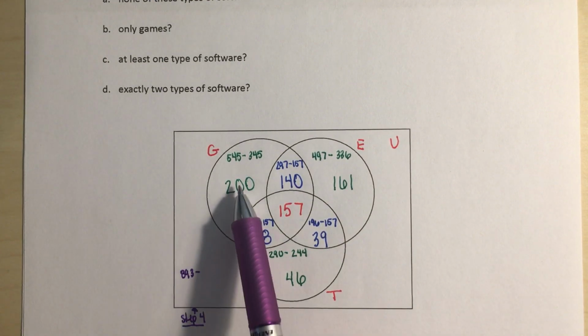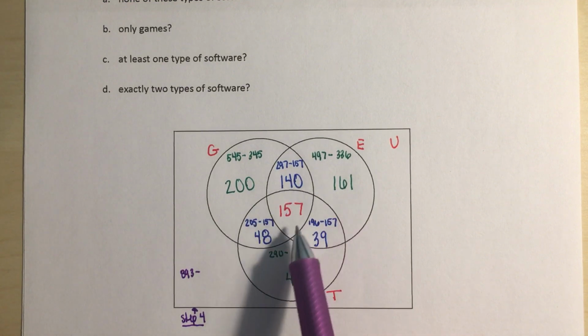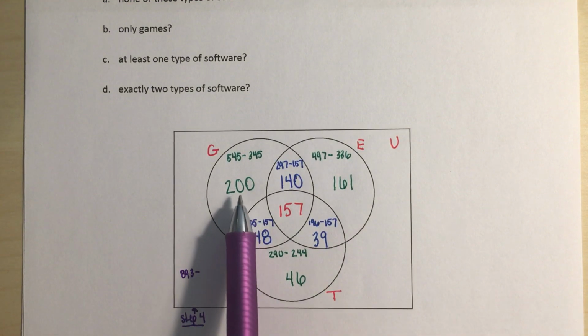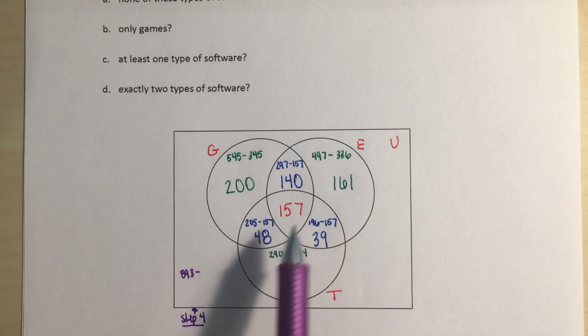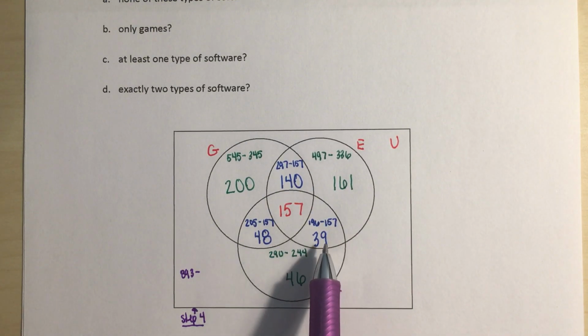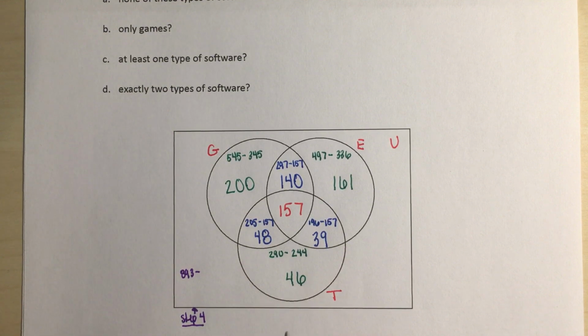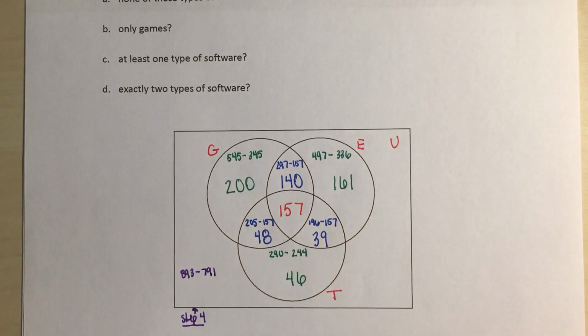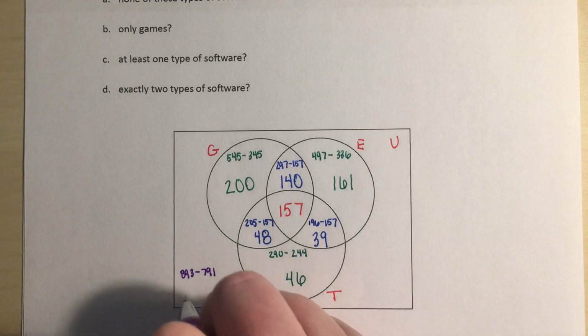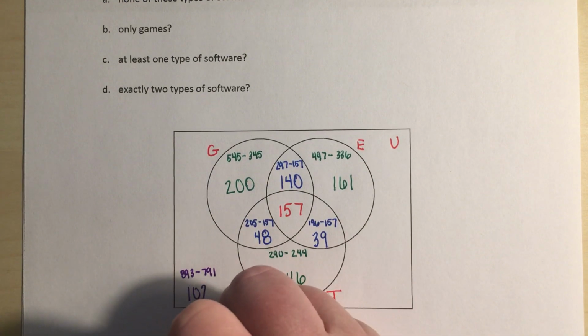And then we're going to add up all of these 7 large numbers that we see in here. So we're going to add up 200 plus 140 plus 161 plus 48 plus 157 plus 39 plus 46. And that gives us 791. So 893 customers minus our 791 we've used. That leaves us with 102.